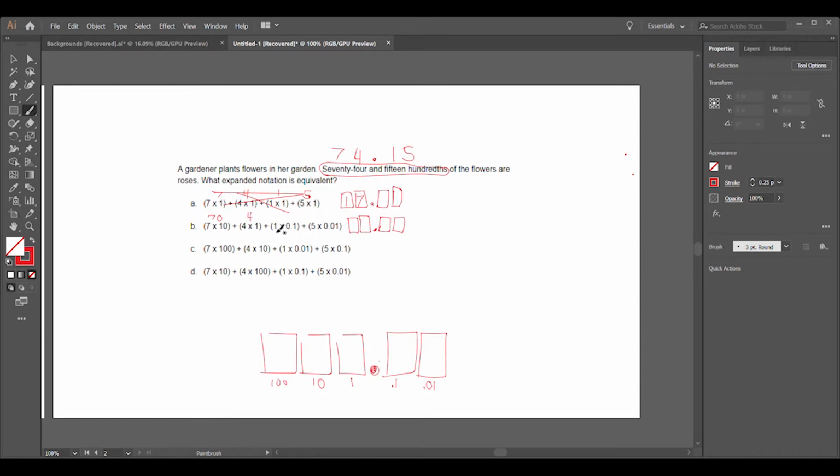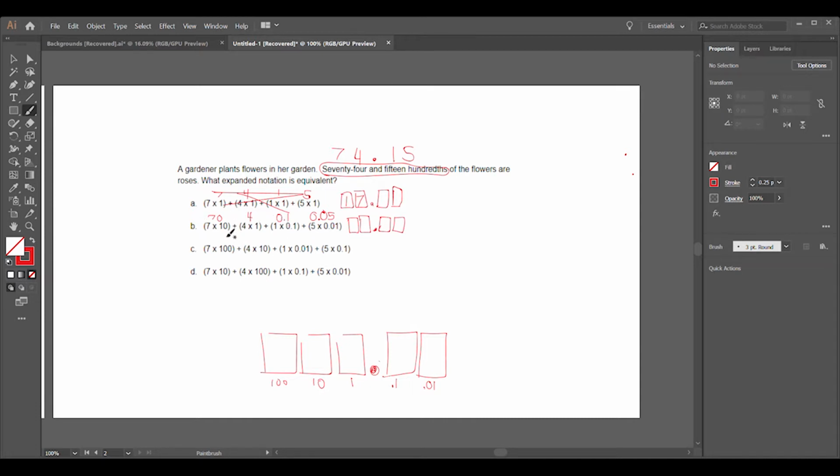And here is 1 times 1/10. Put a 0 there, then 1/10. Here we have 5 times 100. So, 0, decimal, 0, and we'll put our 5 here. That makes 5 hundredths.